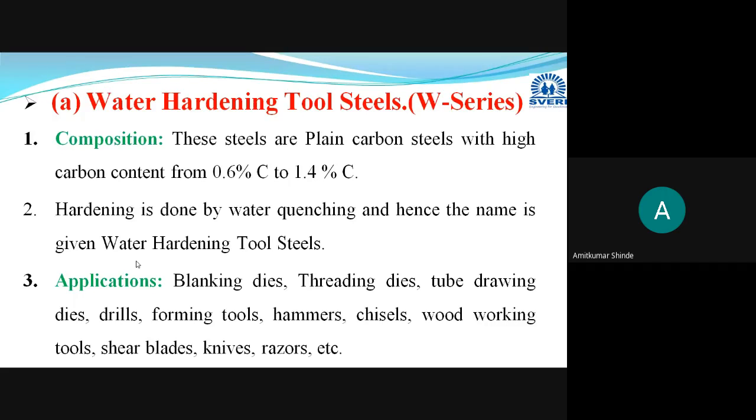Now, these water hardening tool steels are used for manufacturing of blanking dyes, the dyes which are used in the blanking operation, then dyes which are used in the threading operation, then tube drawing dyes, then different types of drills, different types of tools which we are using in the forming operation, then different types of hammers, chisels, different types of woodworking tools, shear blades, knives, razors.